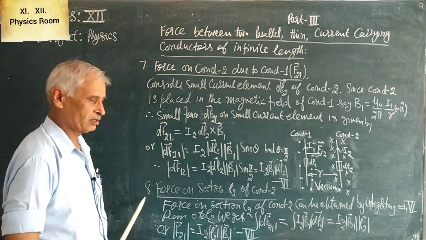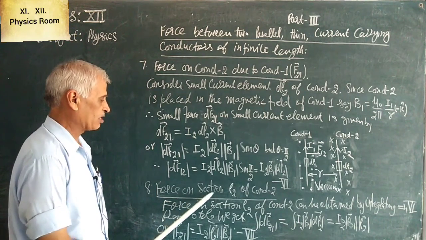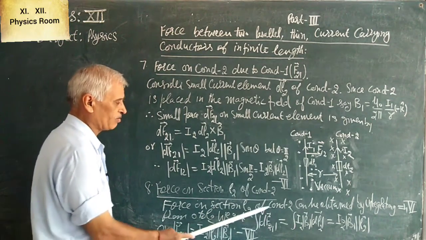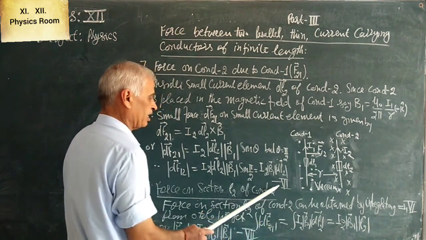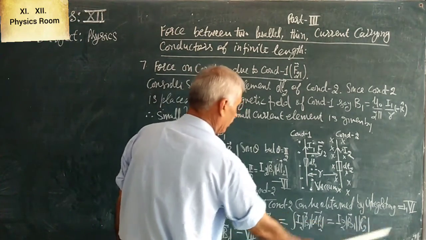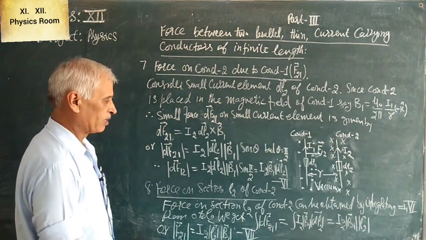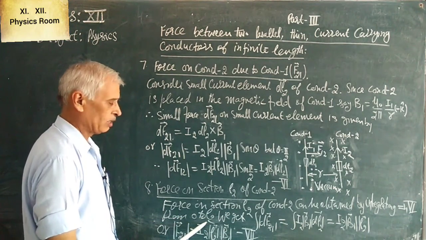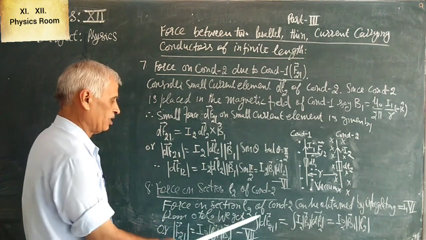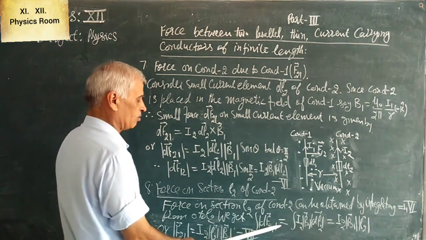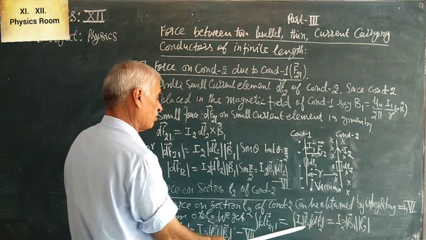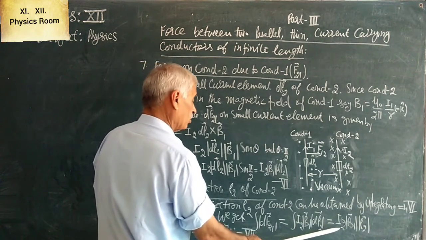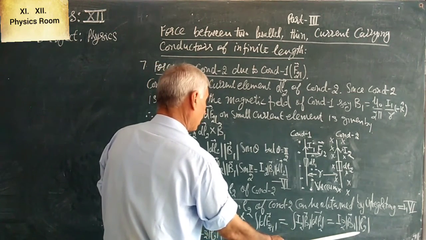Now 8th step, force on section L2 of conductor 2. The force on section L2 of conductor 2 can be obtained by integrating equation 6 from 0 to L2. So we get integration dF21 is equal to integration I2 mod B1 mod dL2, and it is equal to I2 mod B1 into mod L2.